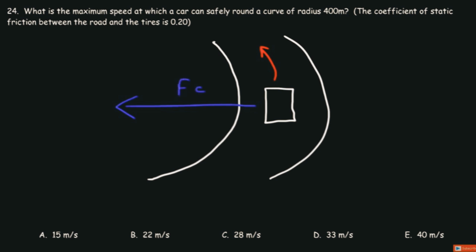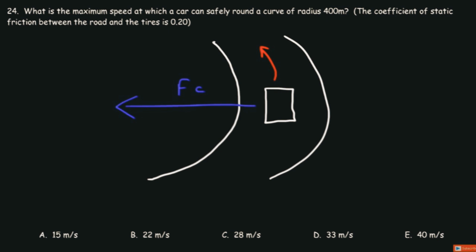Now, what provides the centripetal force in this particular example? We saw that when a ball travels around a circle on a rope, tension in the rope provides the centripetal force because the ball turns. In this case, static friction between the tires and the road allows the car to turn.